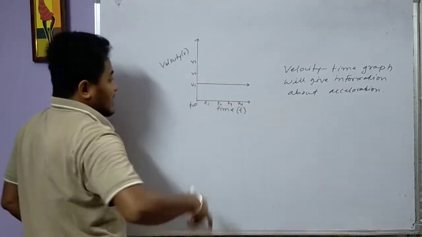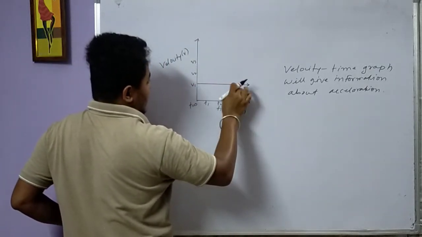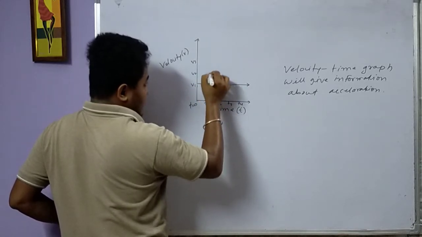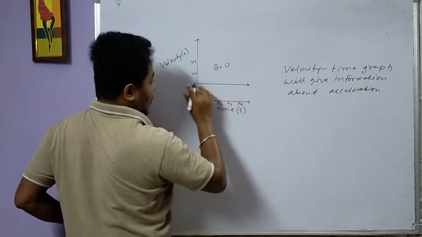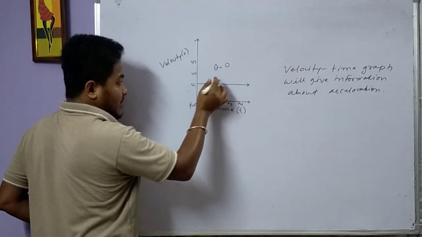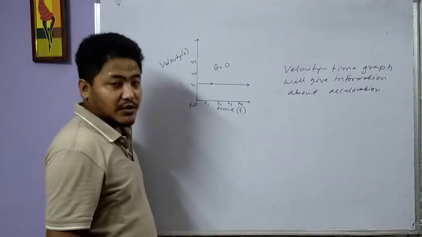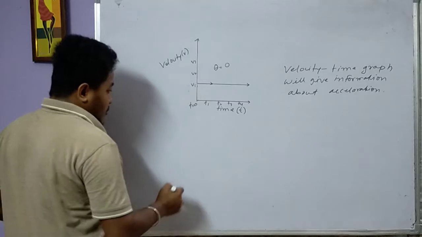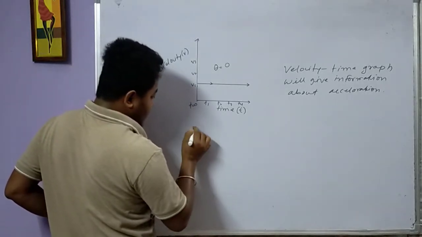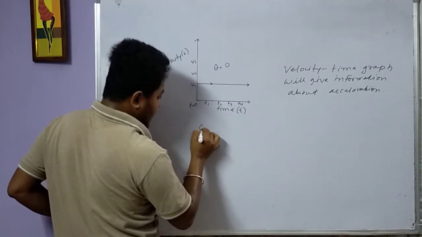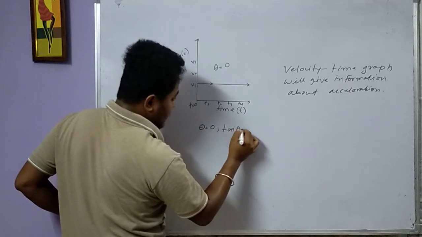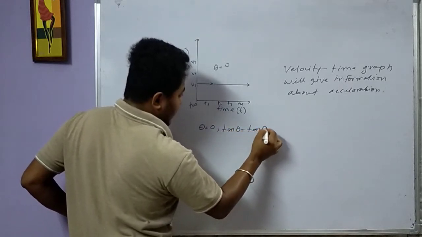That means if you find the slope here, tan theta, if I make a tangent in this case, theta is going to be 0 here. If I make a tangent at this point, theta is going to be 0. Since theta is equal to 0, we can write that tan theta is equal to tan 0.